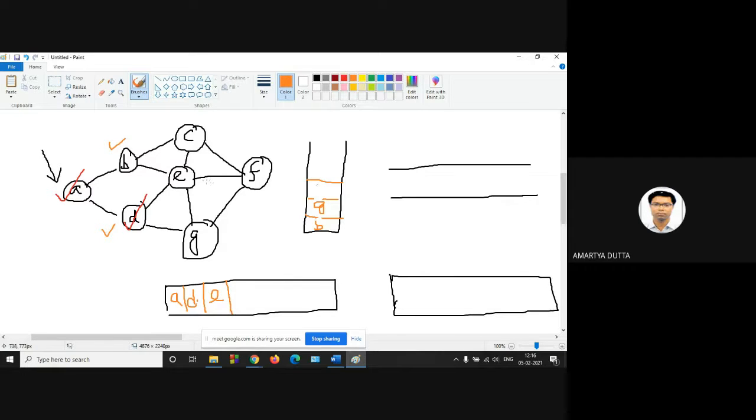And from E, we are getting F, C. Should I write the G?